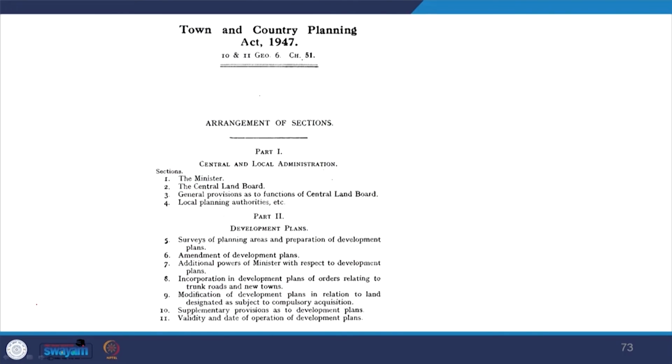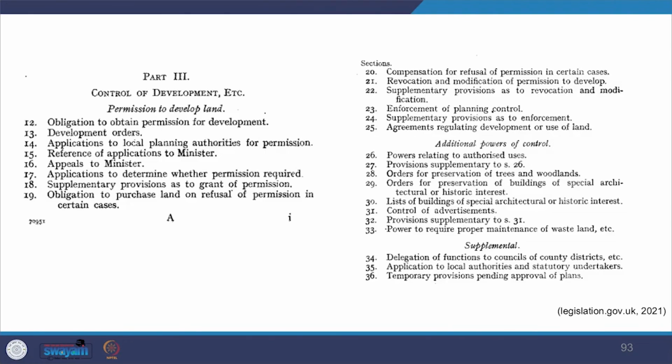So in this you can see the Town and Country Planning Act of 1947. In this you can see the provision for development plan. It is providing how to control the land use. Then you can also see the enforcement of planning control, orders for preservation of trees and woodlands.